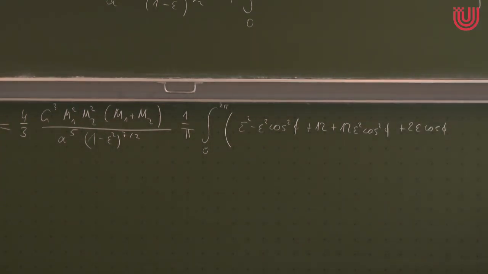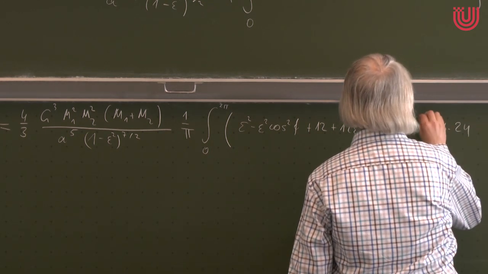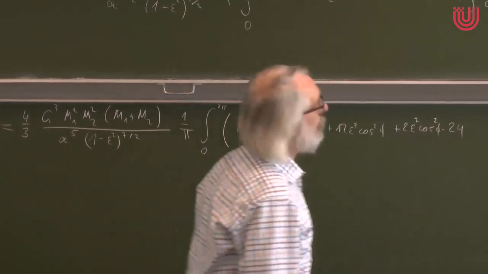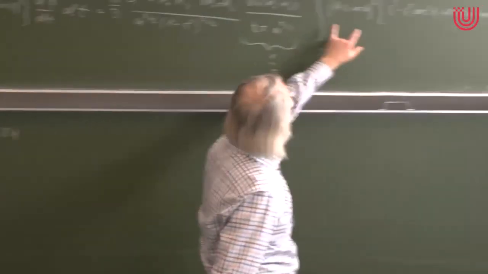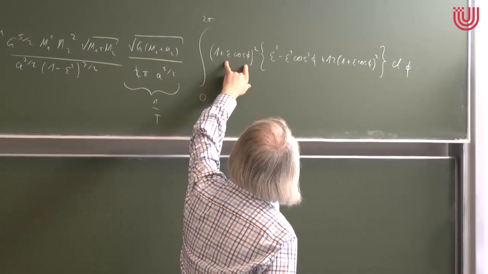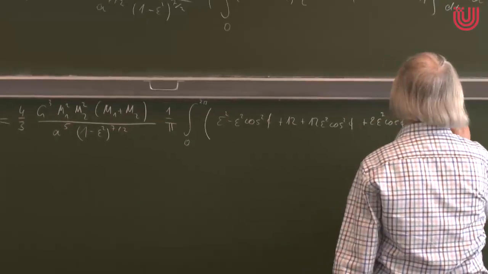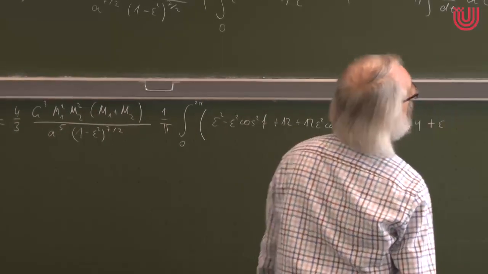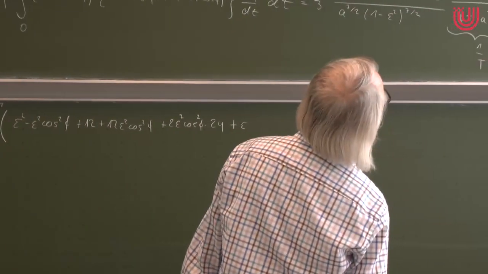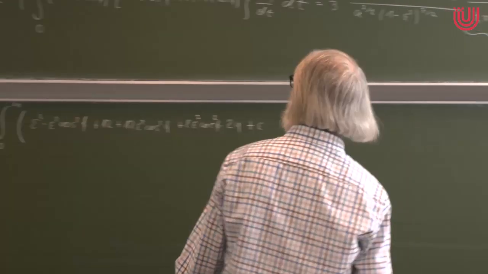This gives, if I multiply 2 epsilon cosine phi with this, I get something odd for the square terms, but not for the mixed term. The mixed term gives 24 epsilon cosine phi times another epsilon, another cosine. And then the last term, when I have epsilon squared cosine squared phi multiplied with this, I have to multiply this with cosine squared phi epsilon squared, right?